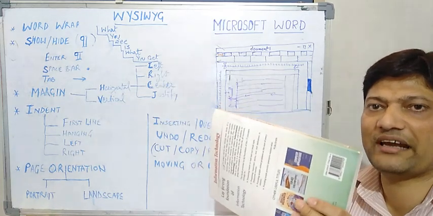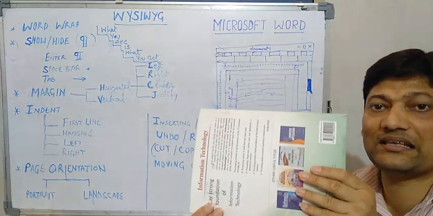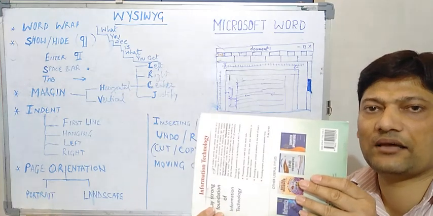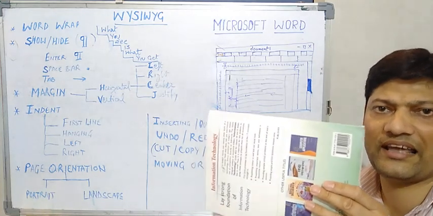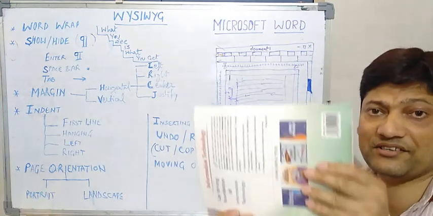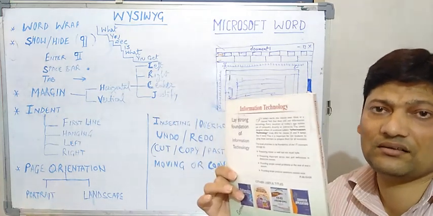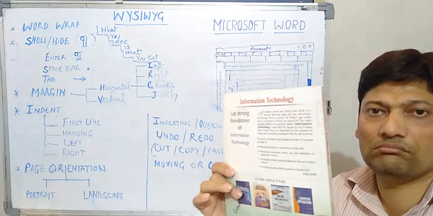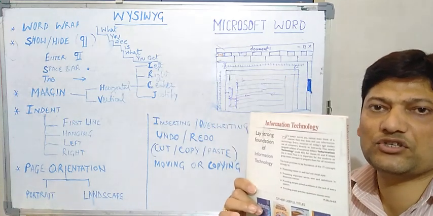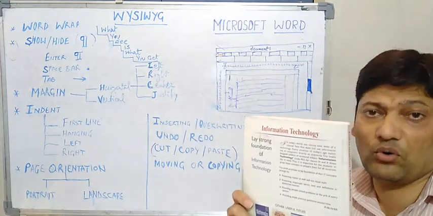And if we want to get the output in this manner, then this is our landscape orientation. Like if you have to print a timetable, it is better to use landscape. If you have to write an application, definitely it is portrait. So there are two types of orientation.